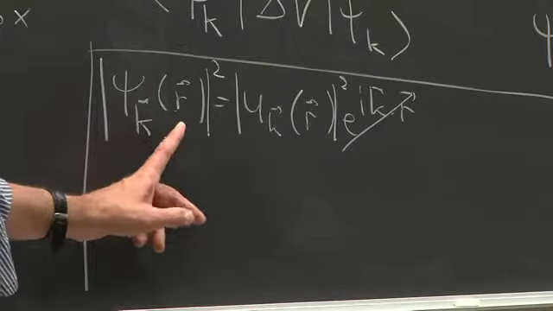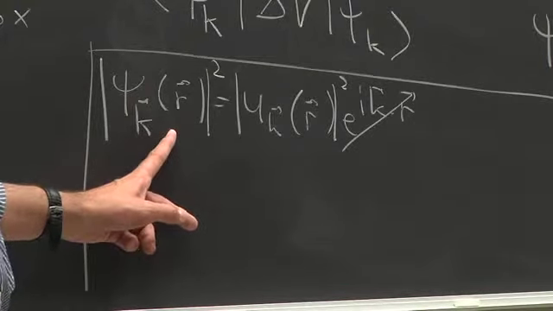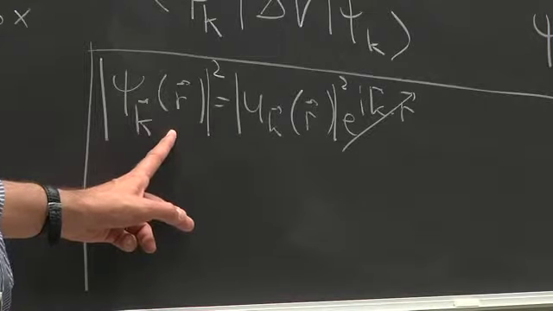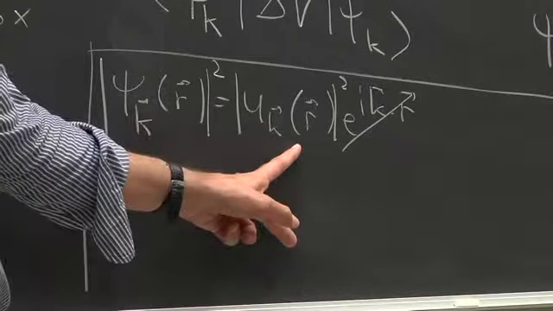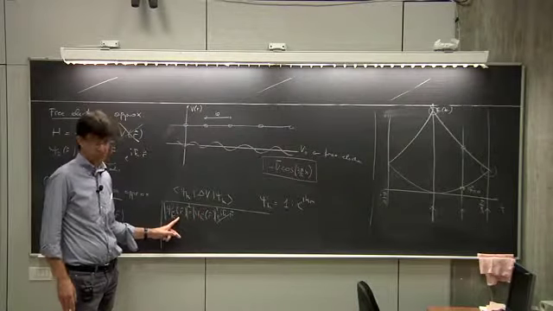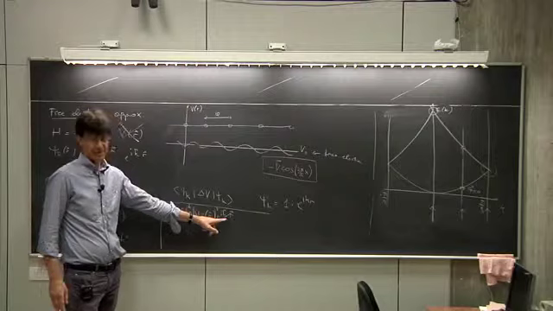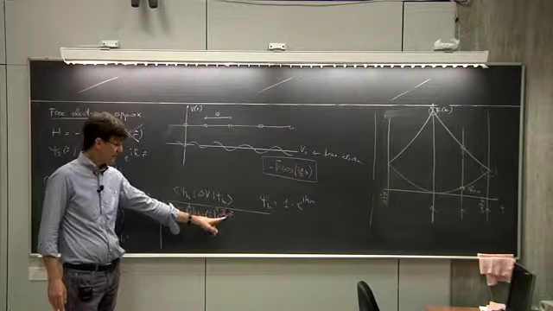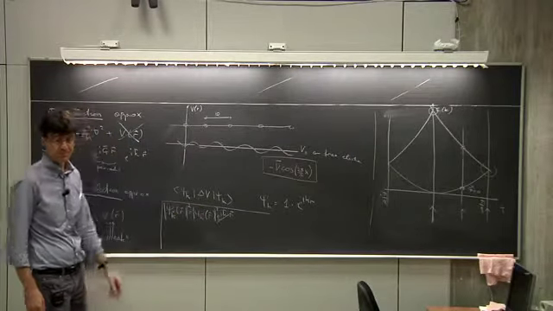So the square of the wave function of a crystal is a periodic function. The wave function itself is not periodic because of this phase. U would be periodic, but this phase kills periodicity.